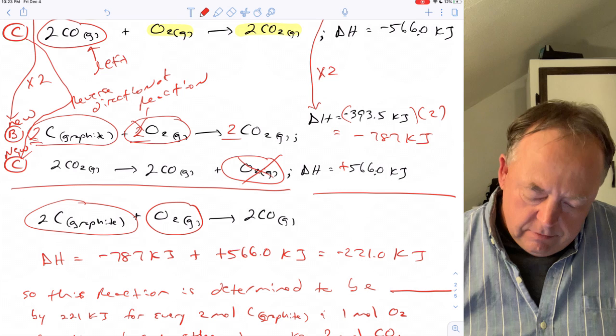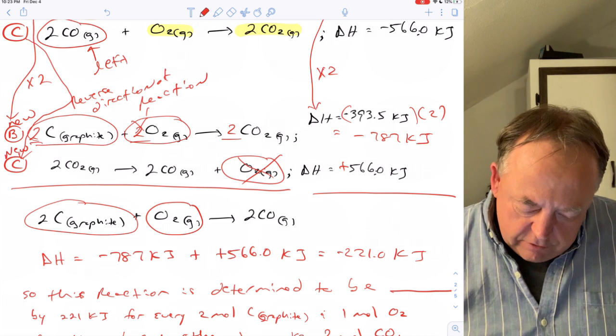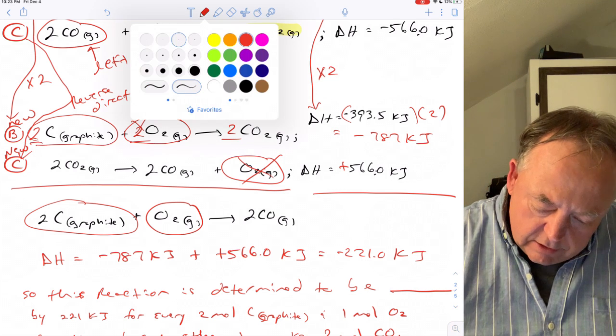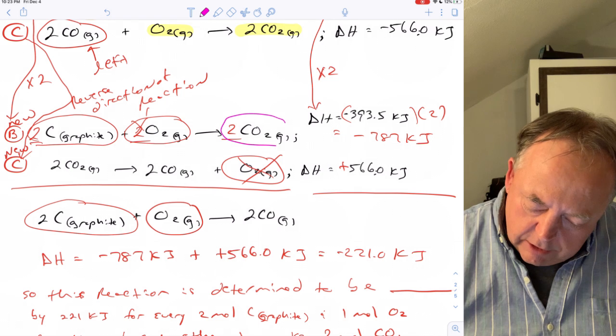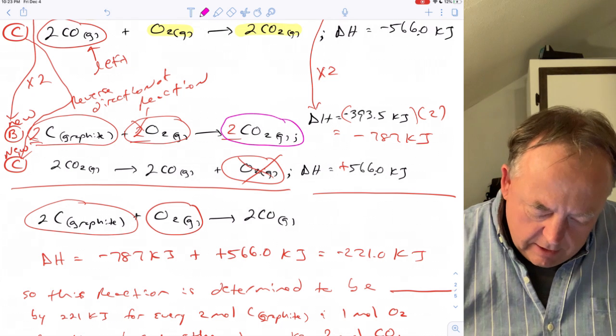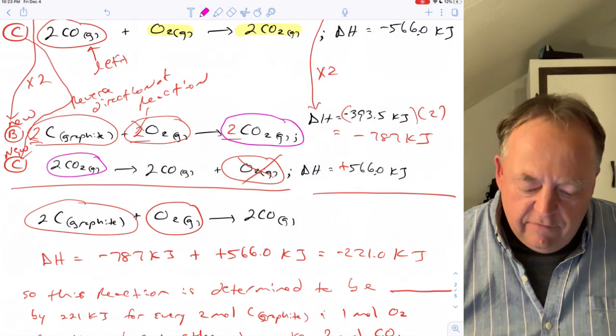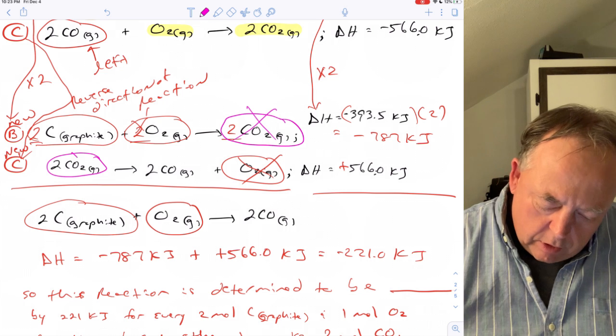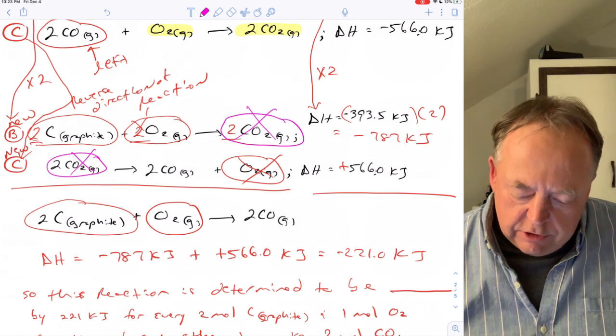And then for CO2, let's see. We have two CO2s on the right of this arrow, and two CO2s on the left of that arrow. Those two are on opposite sides of the arrow, so they cancel each other out.